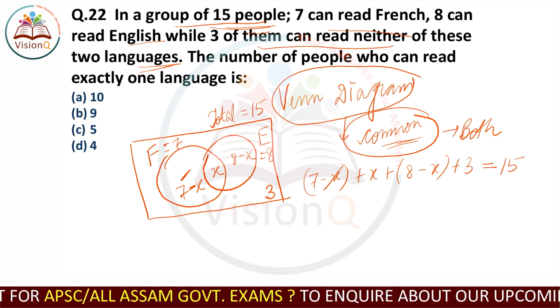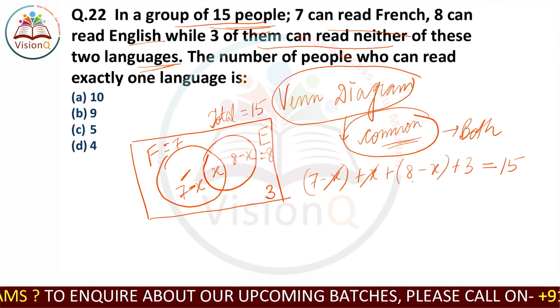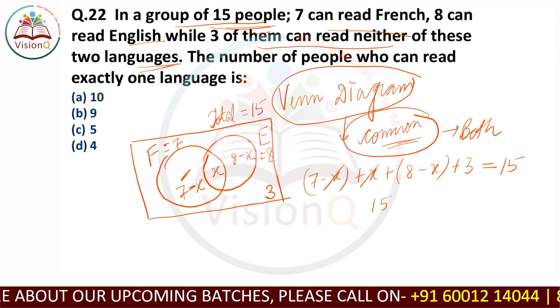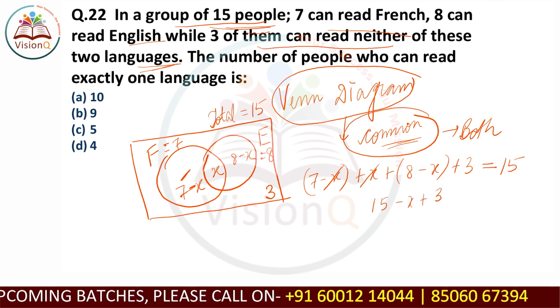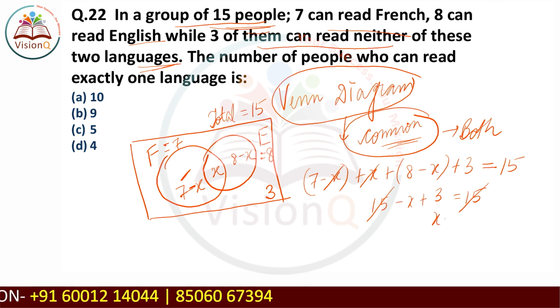So minus x and plus x cancel out. So 7 plus 8 is 15. So 15 minus x plus 3 is equal to 15. So 15 and 15 cancel out. So x will be equal to 3.